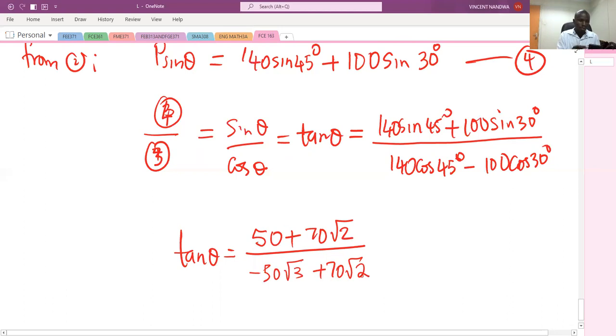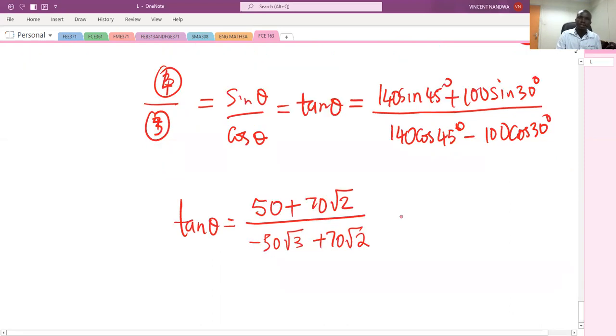So 50 plus 70 root 2 divided by that answer, I get 12.02308199.